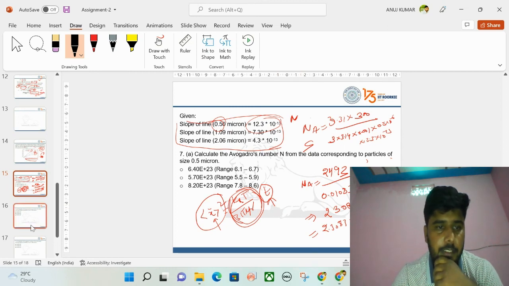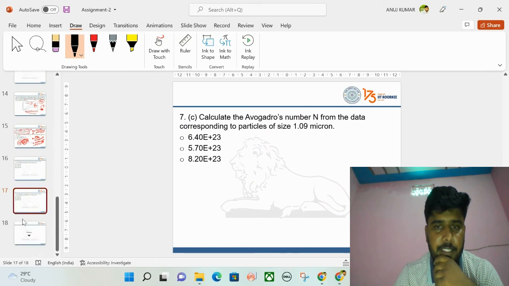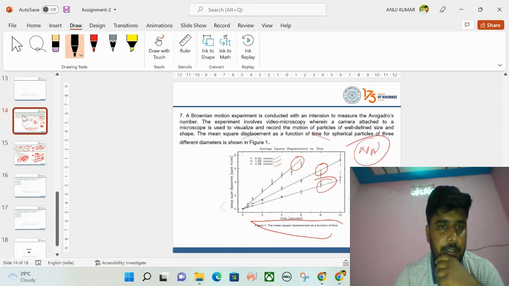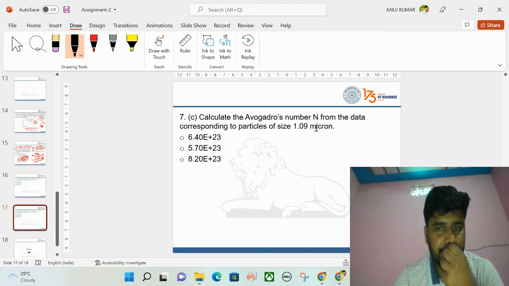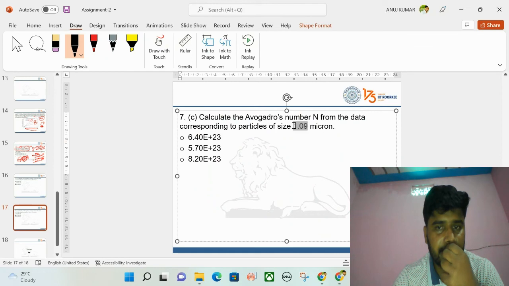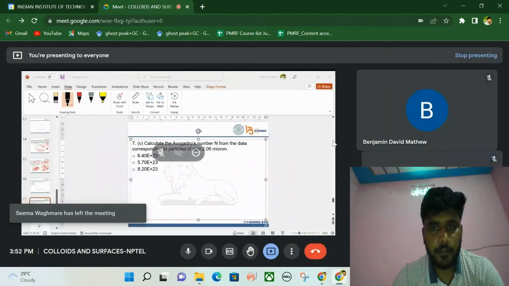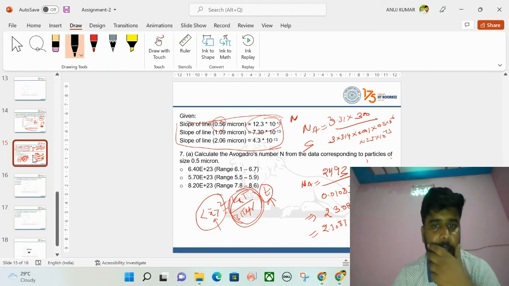In the next sections you have to calculate for different sizes, that is 1.09 micron, and for the third one, I think 2.06 micron. Similarly you have to calculate for the different parameters.